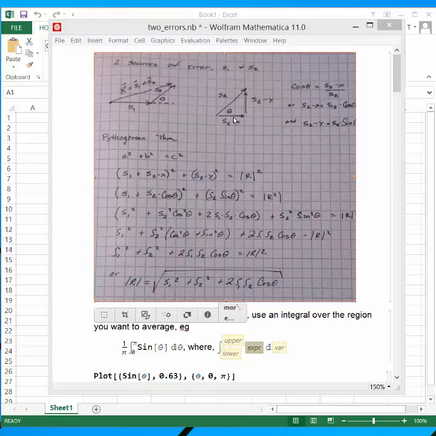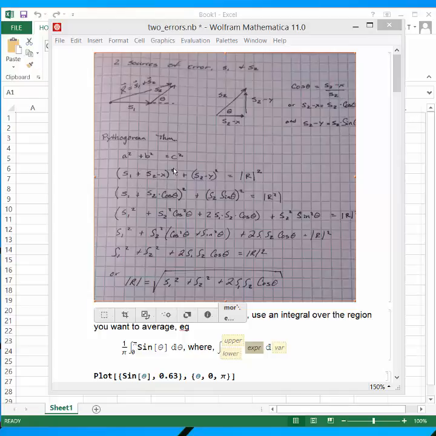If you rewrite this S2 vector in an x component that's parallel with S1 and a y component that's orthogonal to S1, you can say that the three sides of the triangle, so r is the hypotenuse, S2y is the vertical, so that'd be S2y squared, and the horizontal is S1 plus S2x, squared.